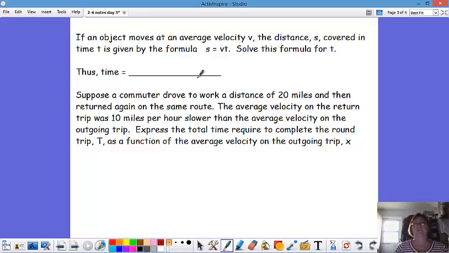If an object moves at an average velocity, the distance s covered in time t is given by the formula s equals vt, or distance equals velocity times time, which should be familiar to us. If you solve this formula for t, you would divide by v on both sides, and that tells you that time would equal distance divided by velocity.